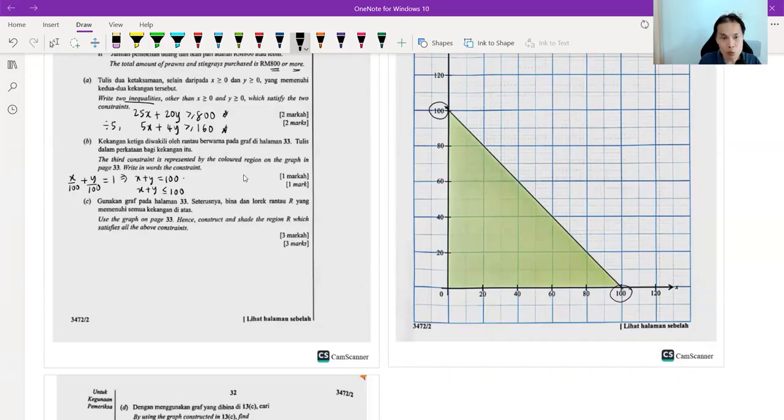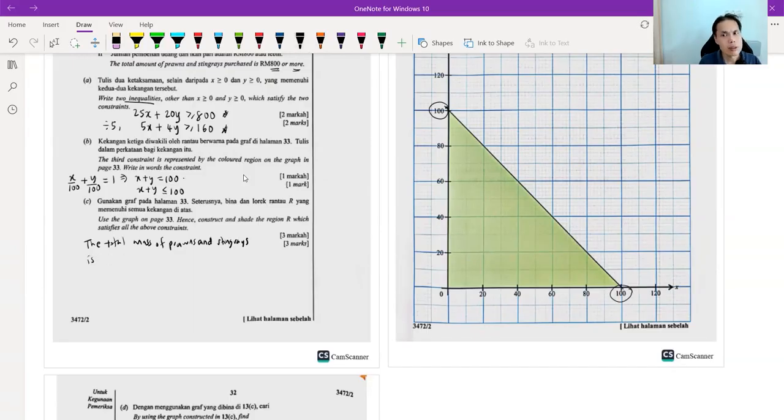But guys, we need to write in words. So this one, I just write in inequality. Please write in words. We say the total mass of prawns and stingrays is less, not more than.